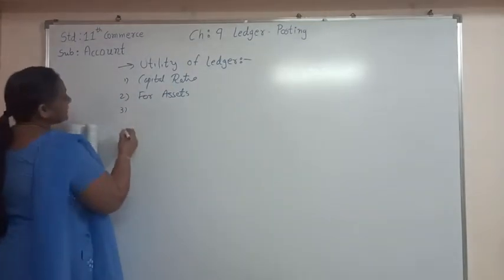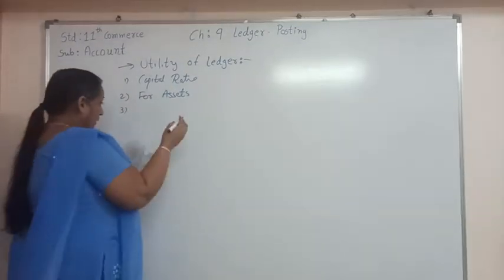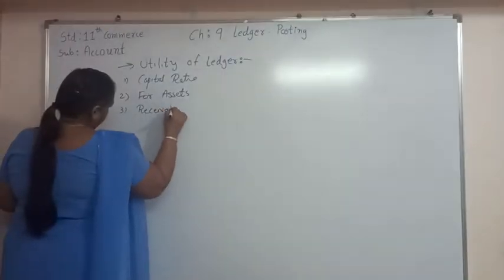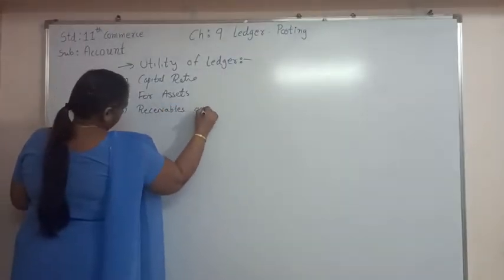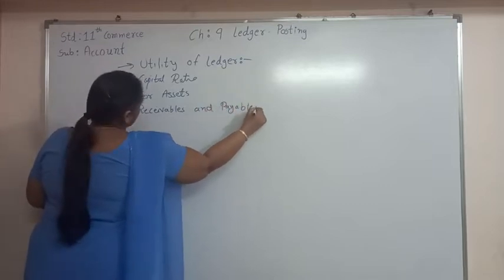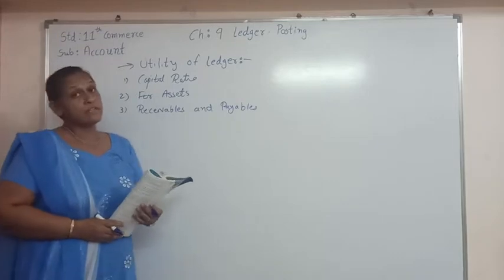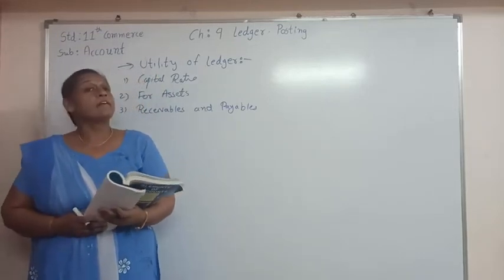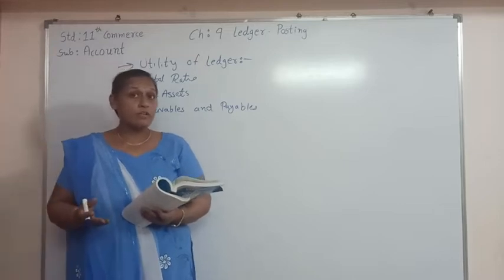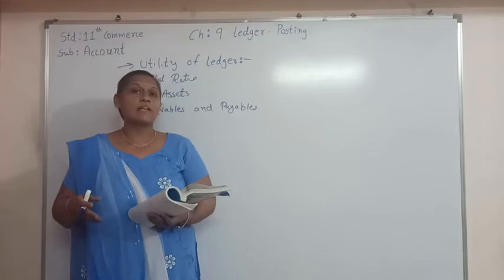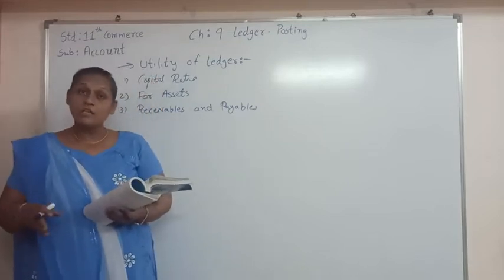The third thing is receivable and payable. In business, cash is very important. If cash is flowing in the business very nicely, the business can run smoothly.